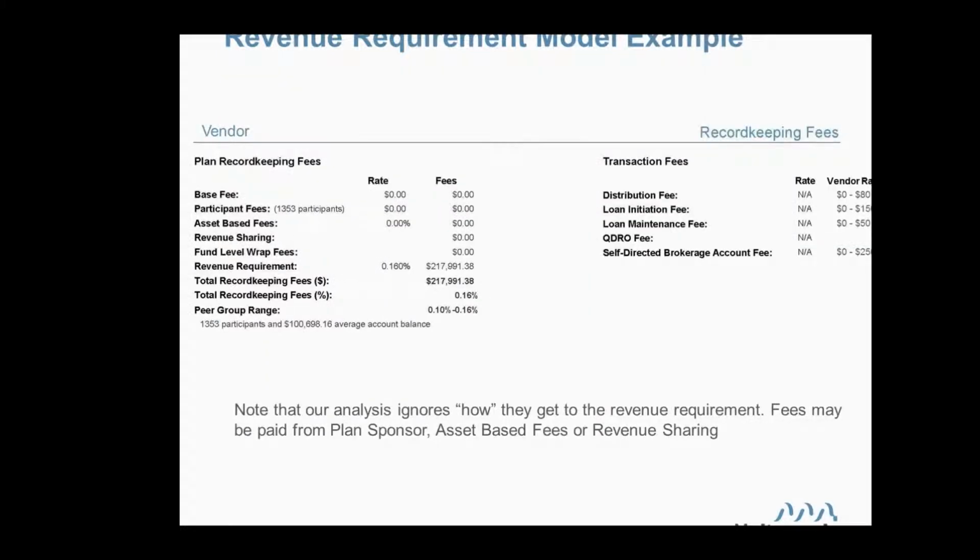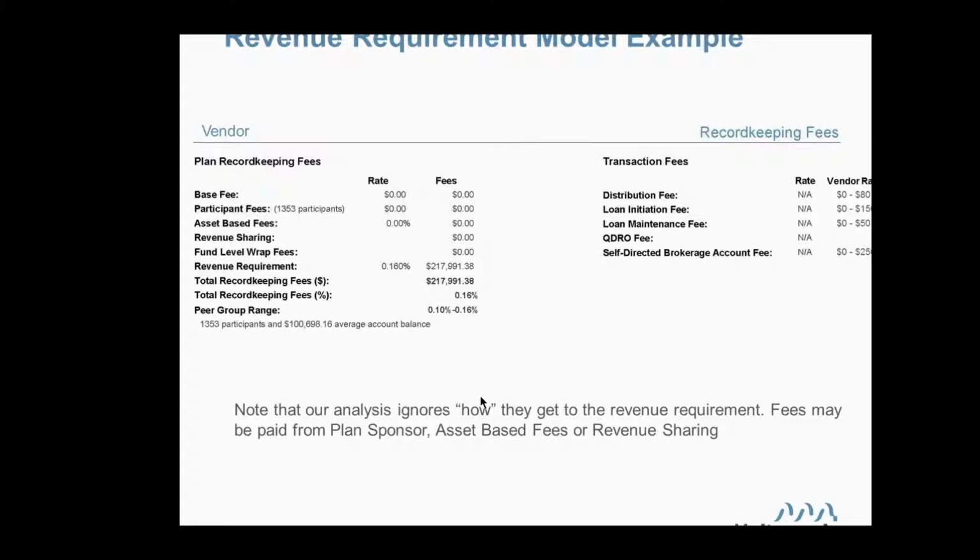Here's the benchmarking for the revenue requirement model. So here, as you can see, there are no base fees, no participant fees, no asset-based fees. The revenue requirement is an explicit 16 basis points. Now, at the bottom you see, note our analysis ignores how they get the revenue requirement. Fees may be paid from the plan sponsor, may be an asset-based fee, or may be revenue sharing.